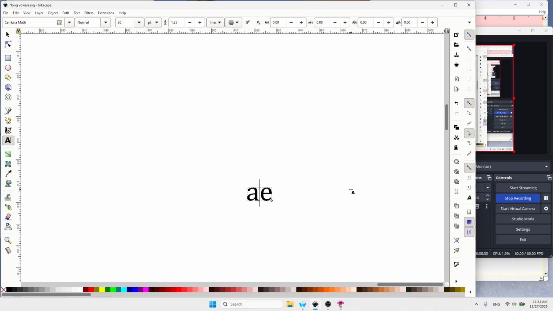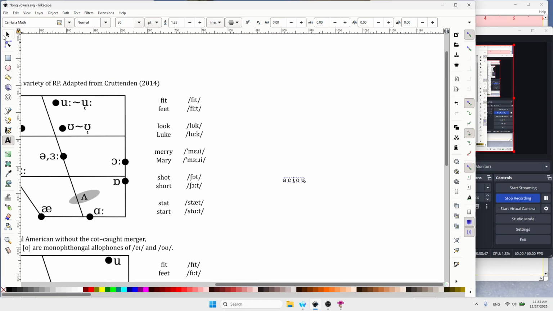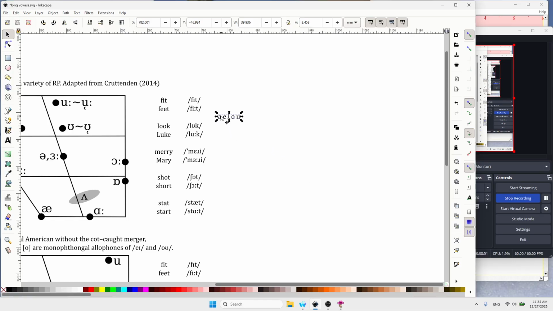So in English, we have A, E, I, O, U as the names of the letters. But in German, for example, it might be more like A, E, I, O, U. And those correspond to how those letters are pronounced in most languages that use the Latin alphabet.